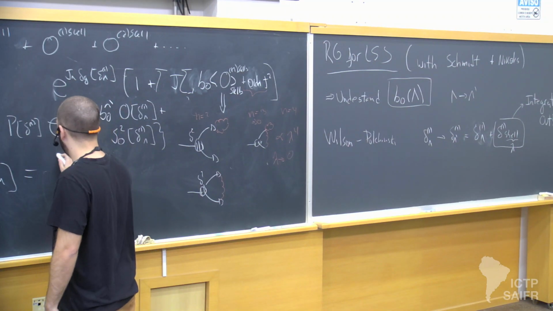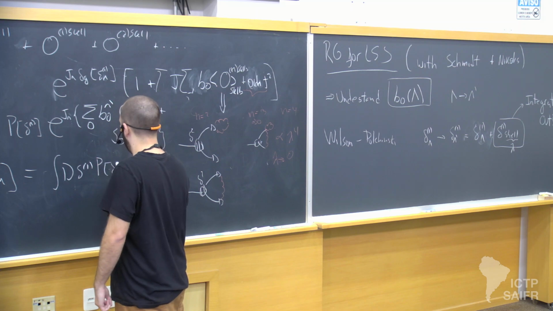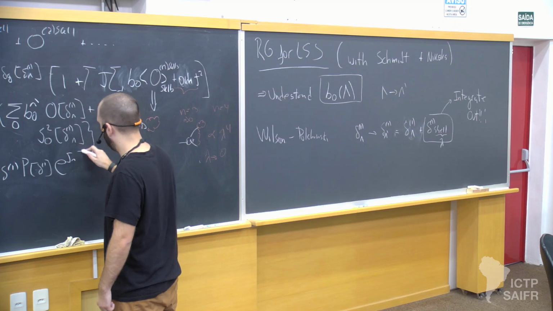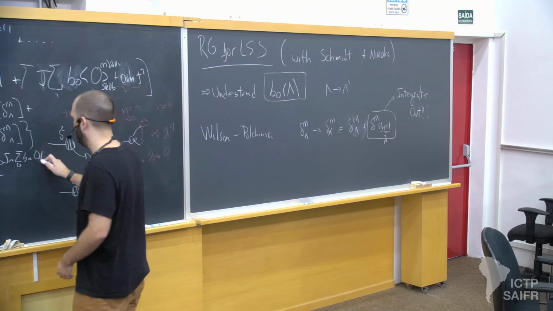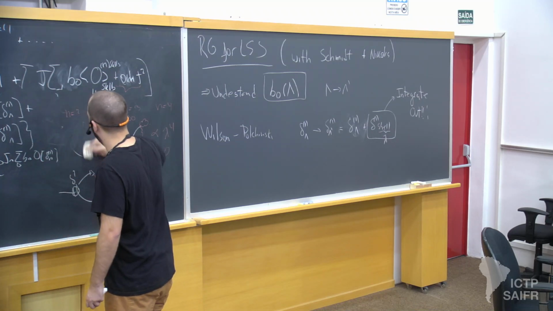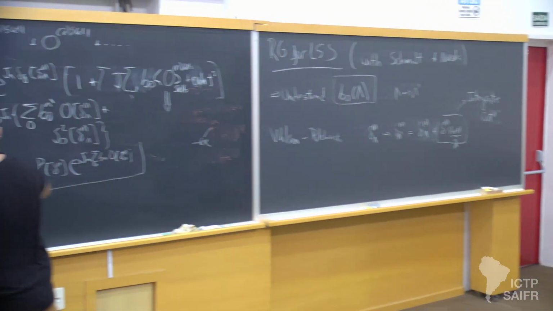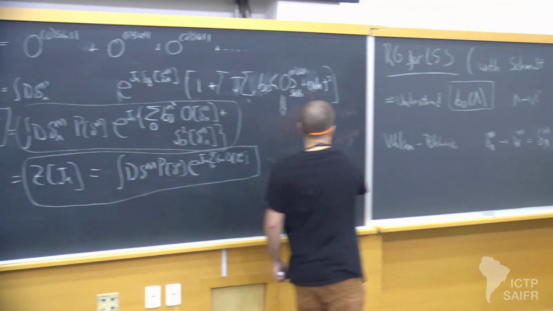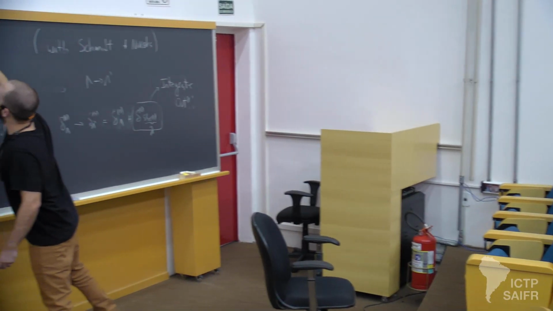And this is equal to the integral over delta 1, p of delta 1, e to the j of lambda, sum over O of B_O, O of lambda 1, of delta of lambda 1. So I can compare both expressions, this with this one. And then I get the following.